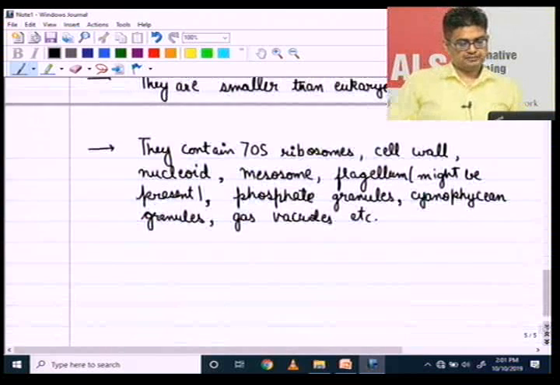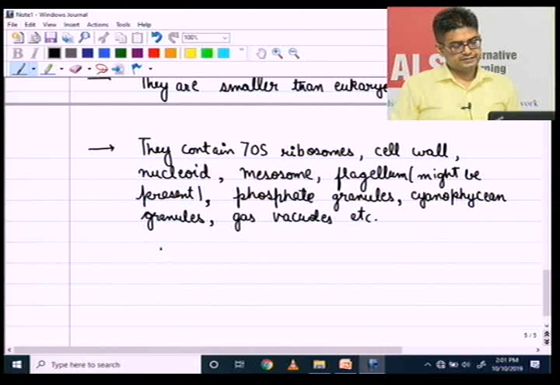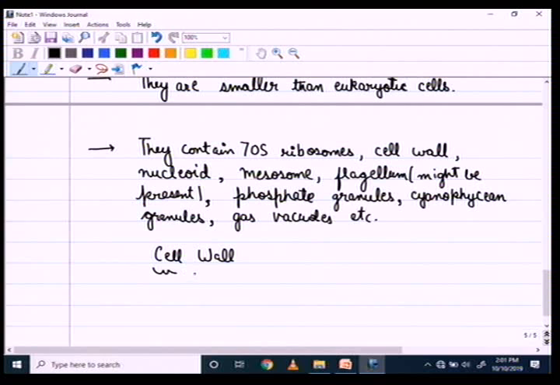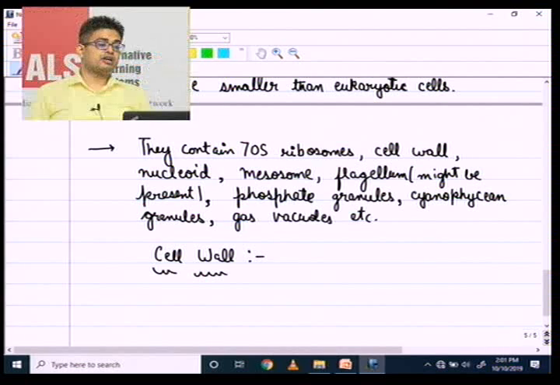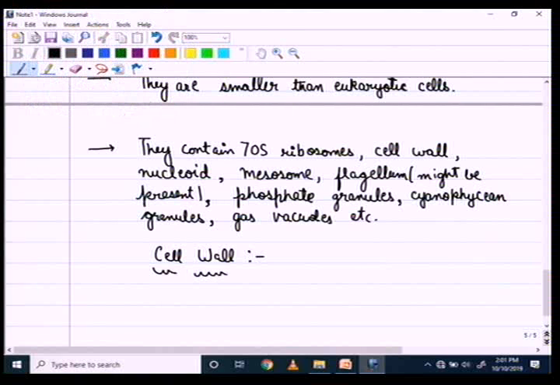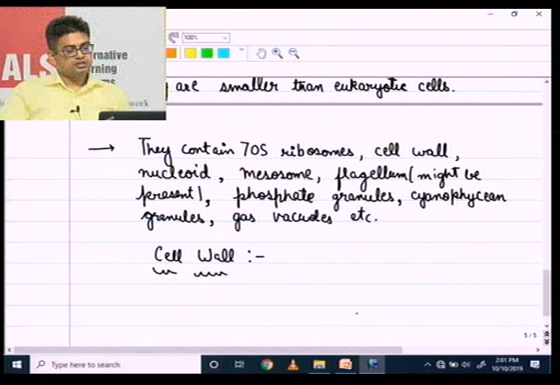So first of all, let's discuss the cell wall of prokaryotes. What is the cell wall of prokaryotes made of? What is the composition of the cell wall of prokaryotes?